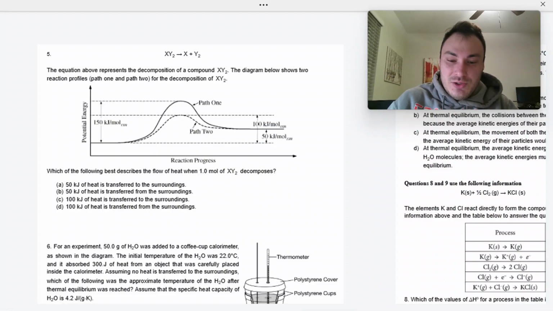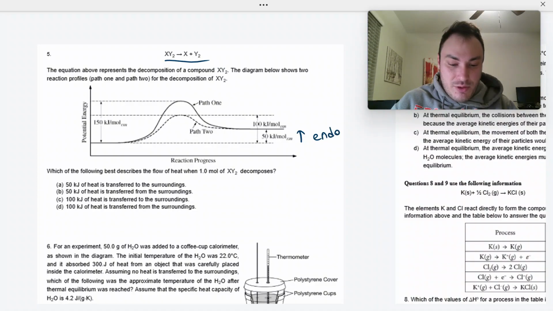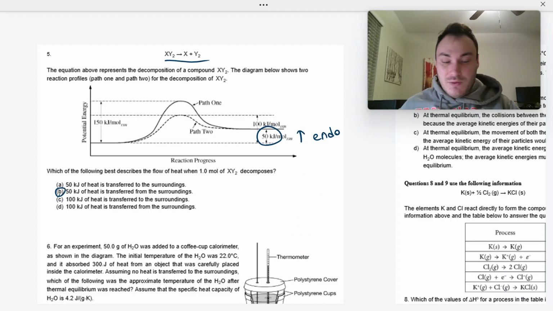So the decomposition, because that's what this graph is showing, is ending up at a higher energy level, which means this is endothermic. The total energy level is 50 kilojoules per mole. So 50 kilojoules per mole is getting absorbed from the surroundings. So that is B. 50 kilojoules of heat is transferred from the surroundings.